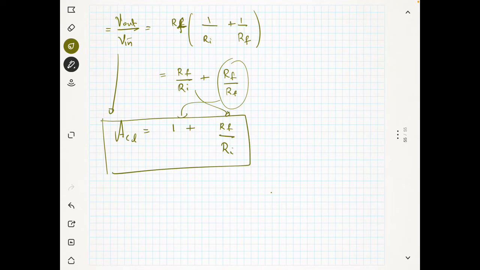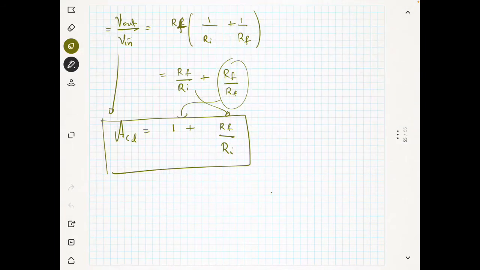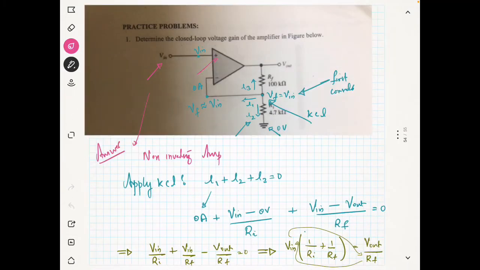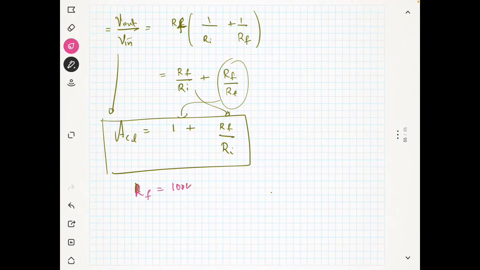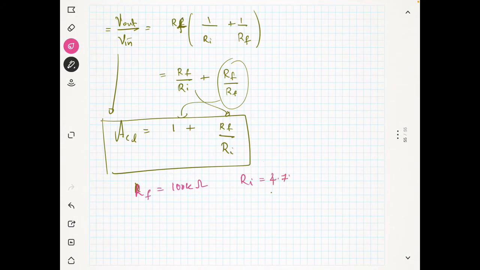So it's very easy to calculate. You don't need to remember the formula, but I recommend you to remember this formula at least for 2 amplifiers. Okay, and now what is the gain? We know that for our example, Rf is 100 kilo ohms, and Ri is 4.7 kilo ohm.